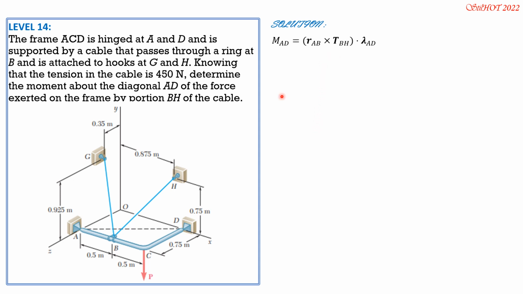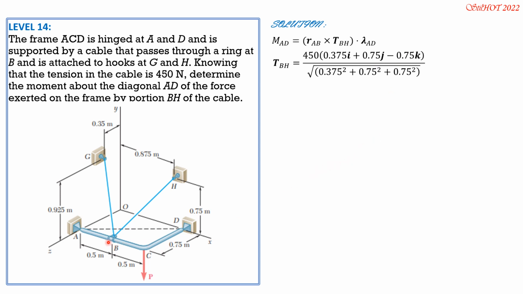So tension BH is magnitude 450 times 0.375 I, 0.875 minus 0.5, then plus 0.75 J minus 0.75 K, over the square root of 0.375 squared plus 0.75 squared plus 0.75 squared.